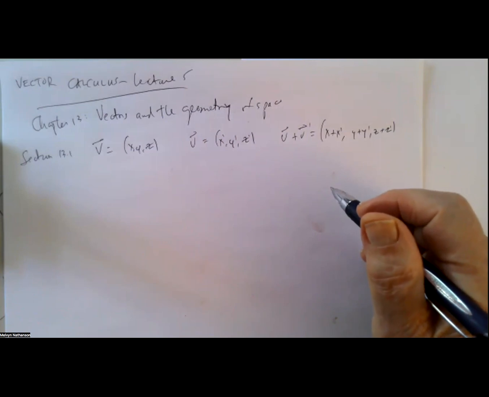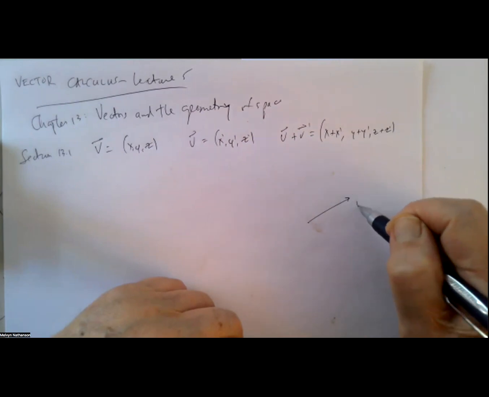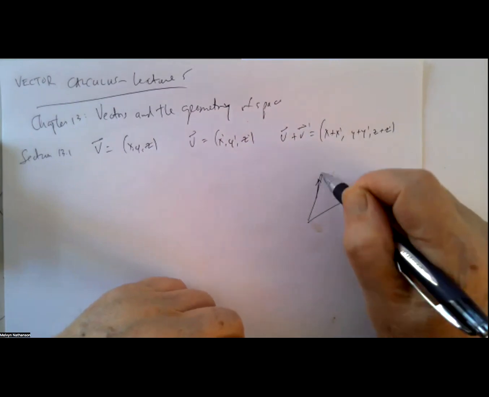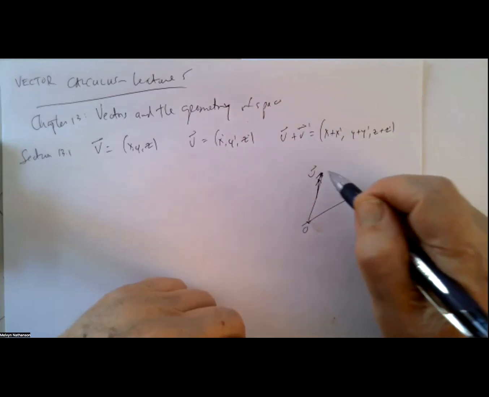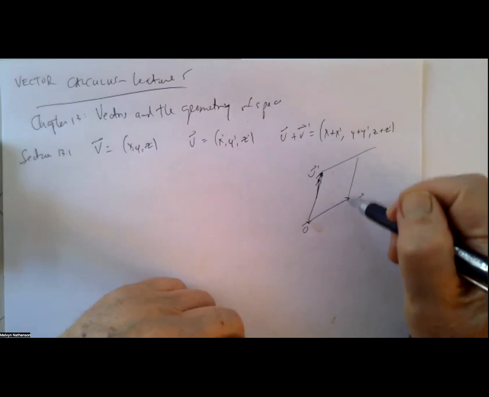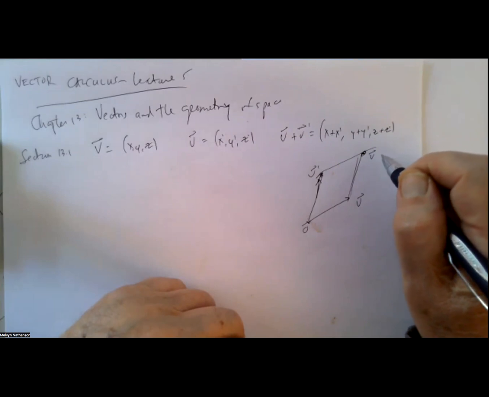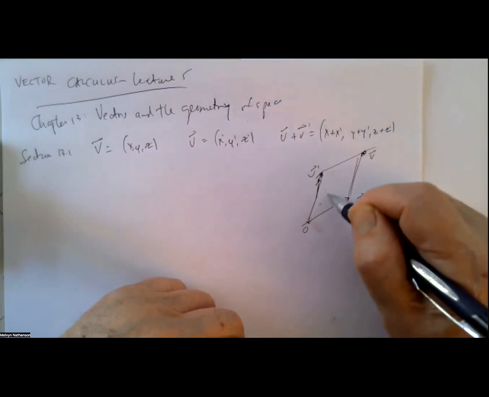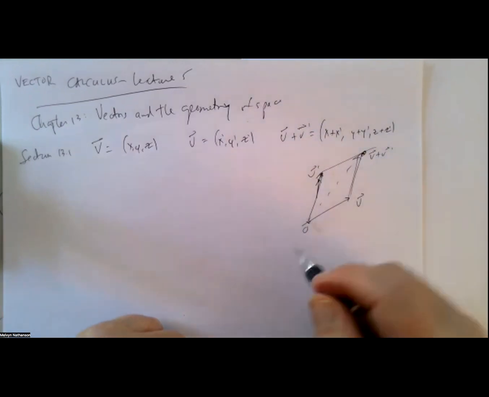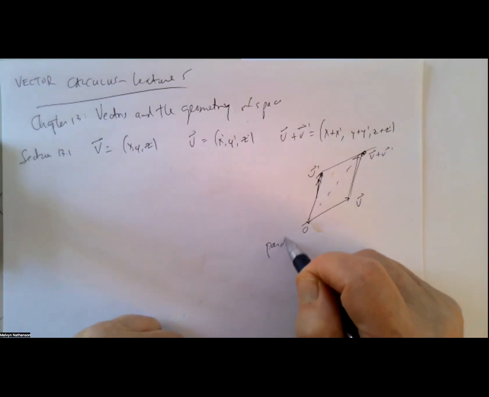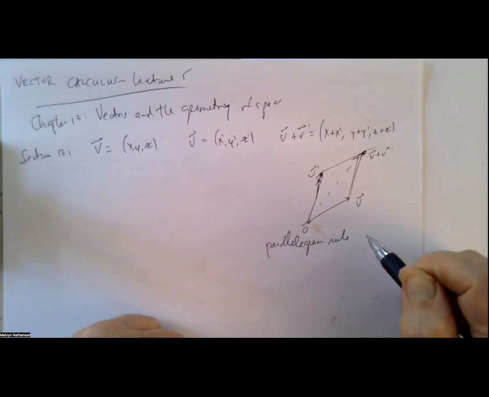And this is geometrically described very nicely in three-dimensional space. If this is the vector v, and this is the vector v prime, this is the origin, you can draw a parallelogram, and the vertex of the parallelogram opposite from the origin is the sum of the two vectors. So this is sometimes called the parallelogram rule for vector addition.